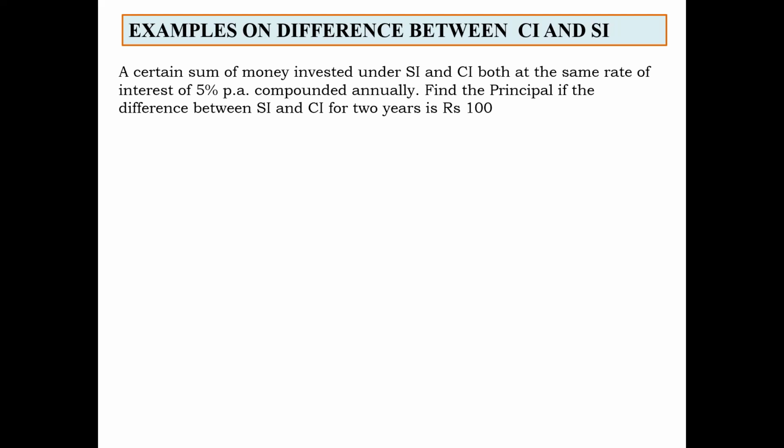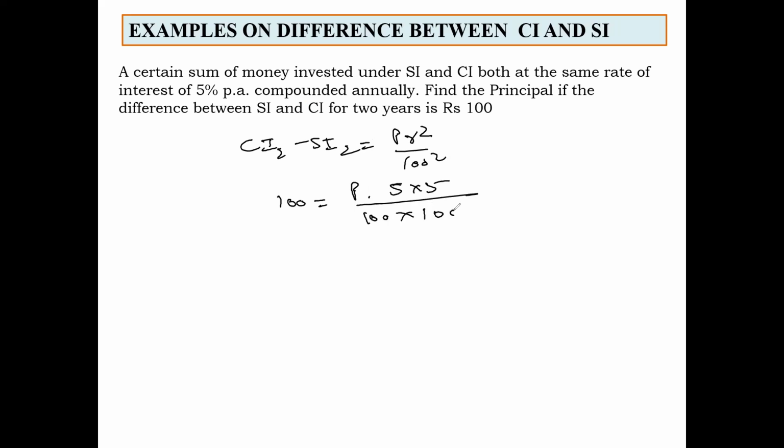So here what I'm saying is the difference between CI and SI is given by PR squared upon 100 squared for 2 years. The difference is 100. You have to find the principal, rate is 5. This is not an S, this is a 5. 5 twenties, 5, 4, and therefore P becomes 4 into 100 into 100, 40,000 rupees.